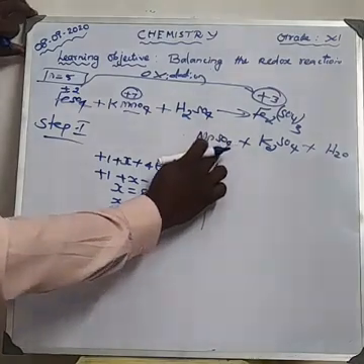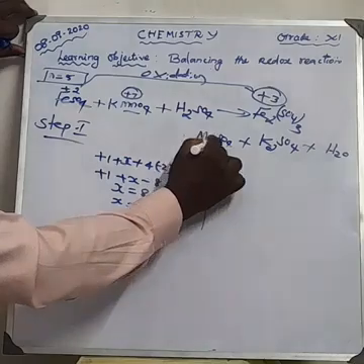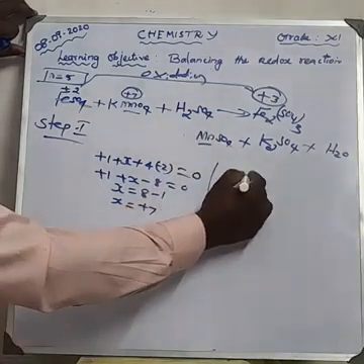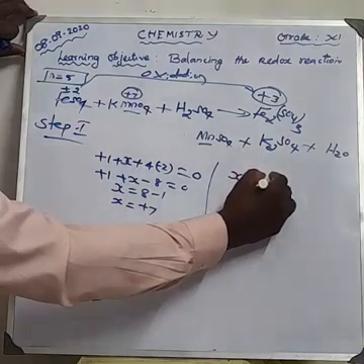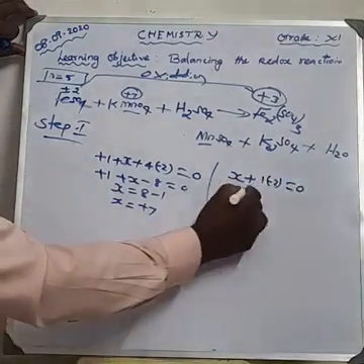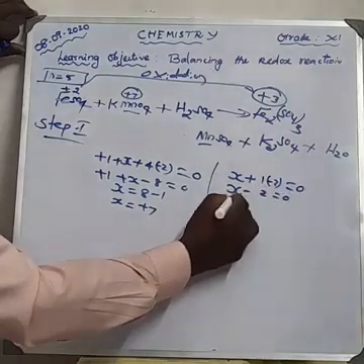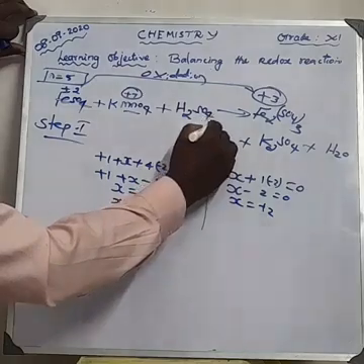I told you that sulfate is minus 2. So Mn is taken as x, plus 1 into minus 2 equal to 0. x minus 2 is equal to 0, x equal to plus 2. So here it is plus 2.